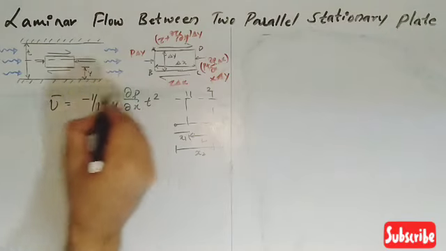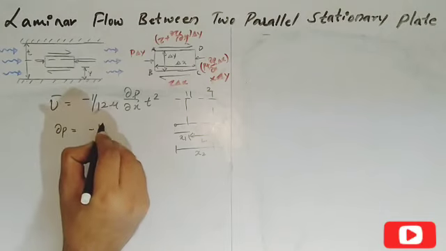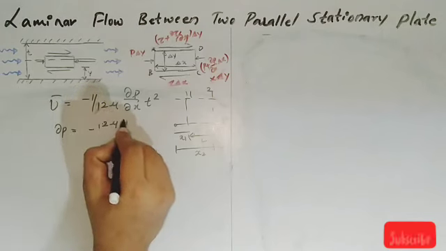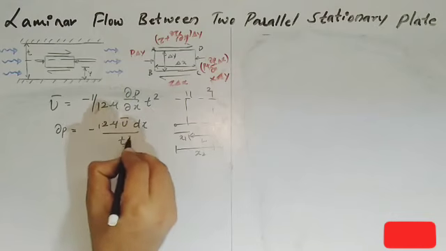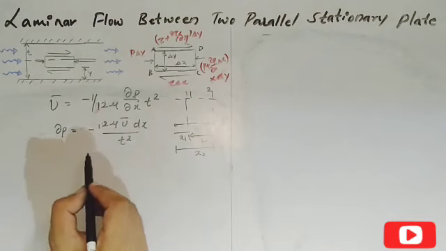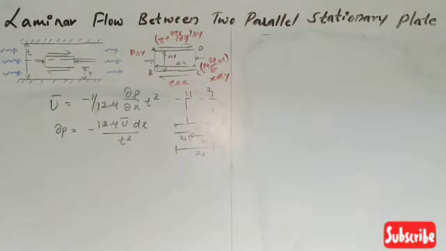So if I rearrange this complete equation, dou p will be equal to minus 12 mu into u bar into dx divided by t square.